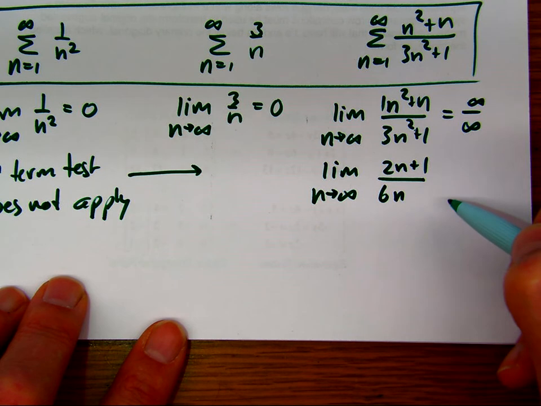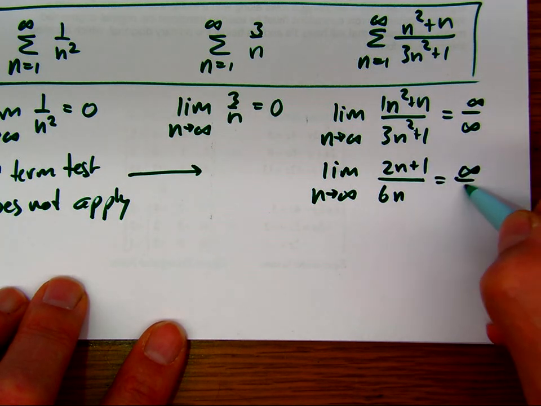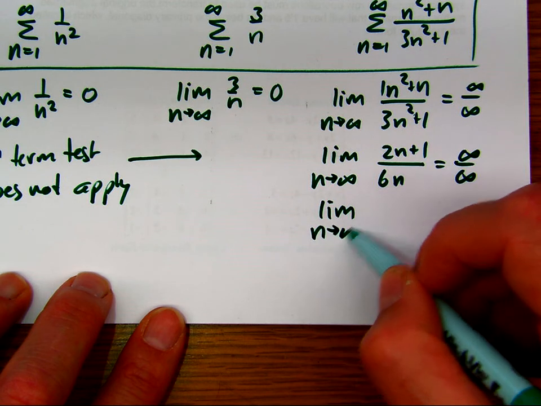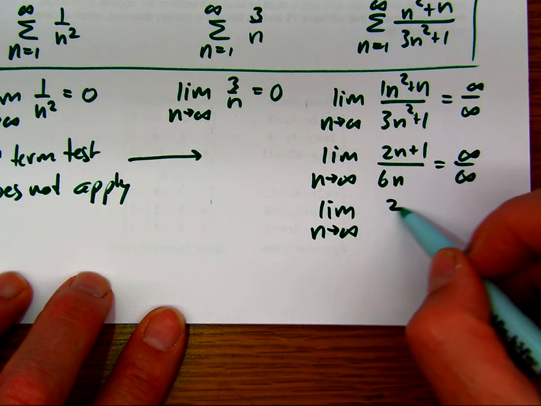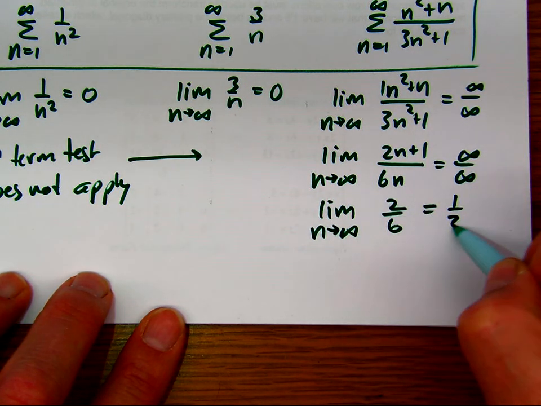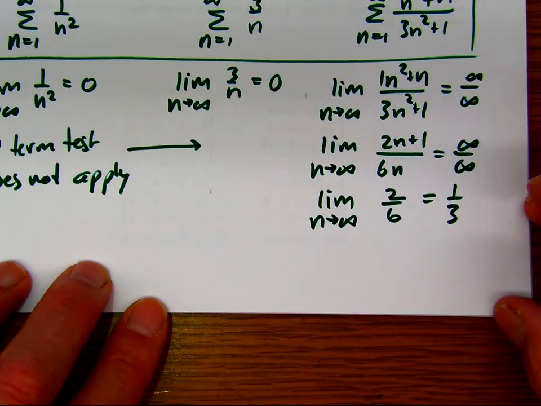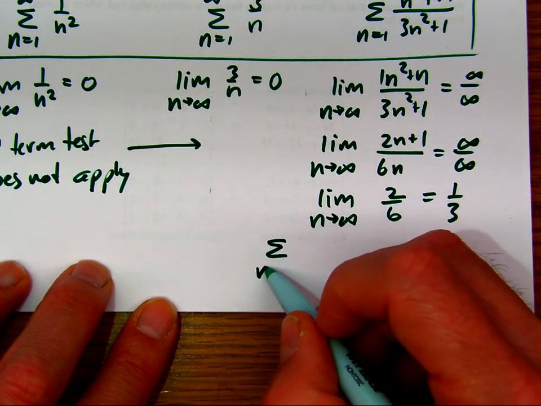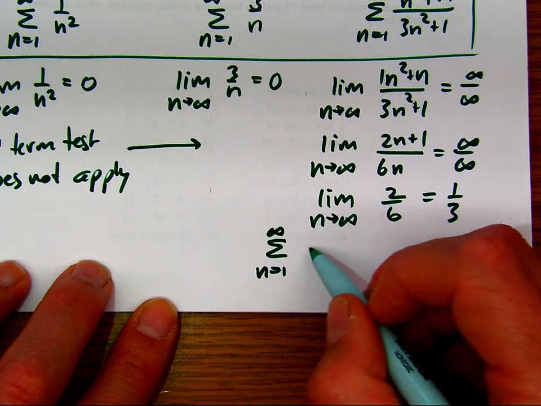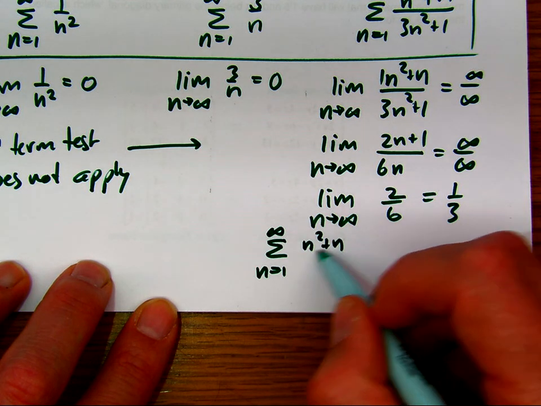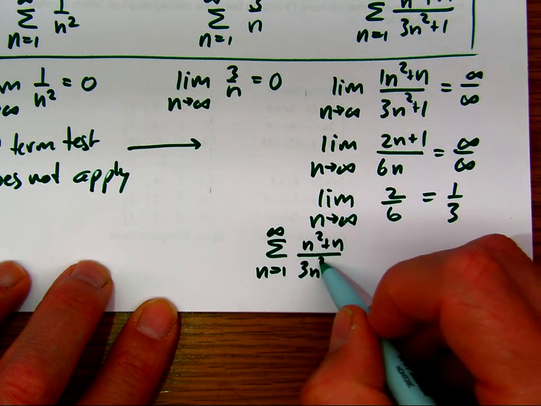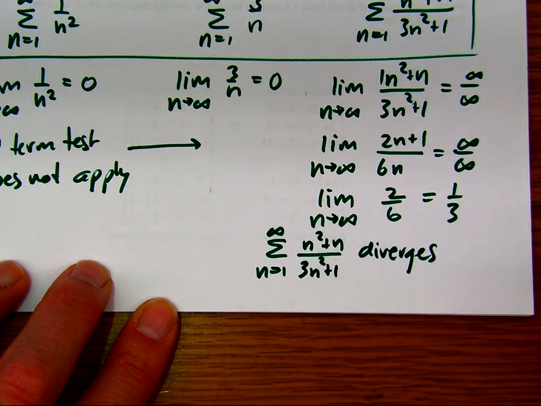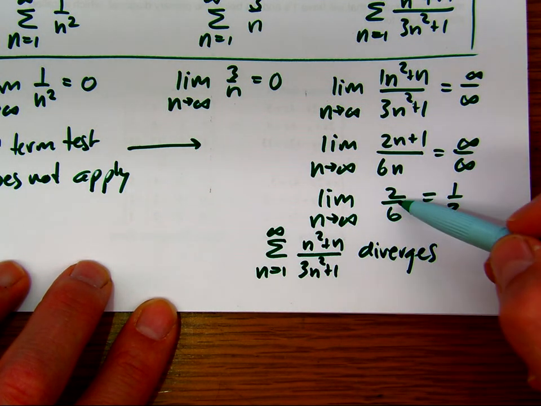We still get infinity over infinity, so we can do the derivative again. This is called L'Hopital's rule, and we get 2 over 6, so that's 1/3. The limit is not 0. So we know that the series diverges by the nth term test because the limit of the sequence is not 0.